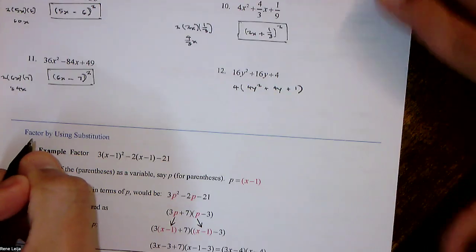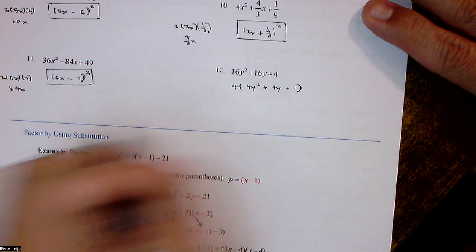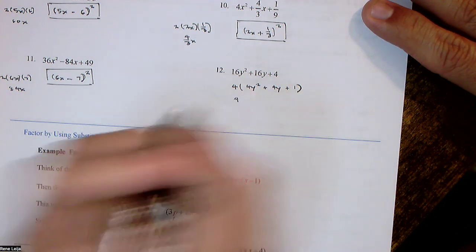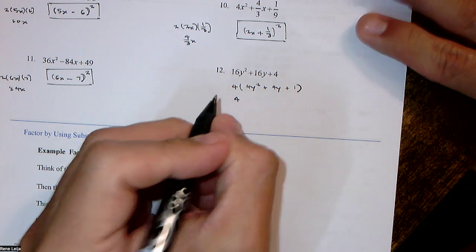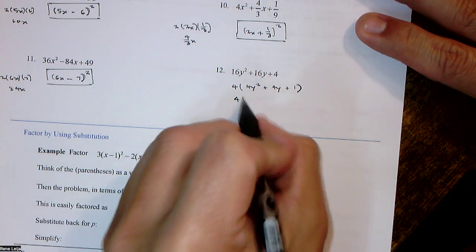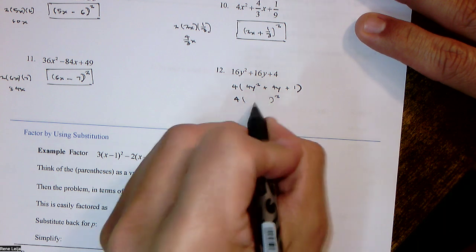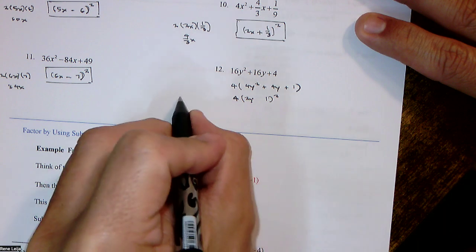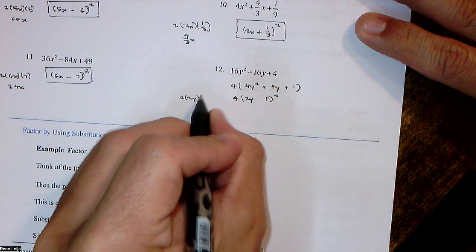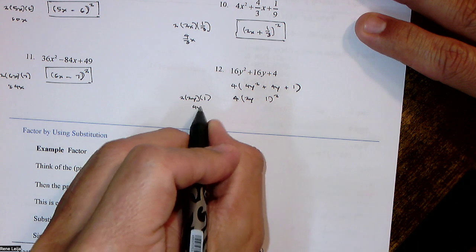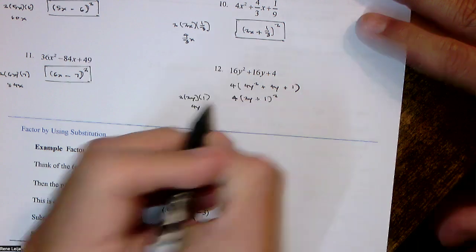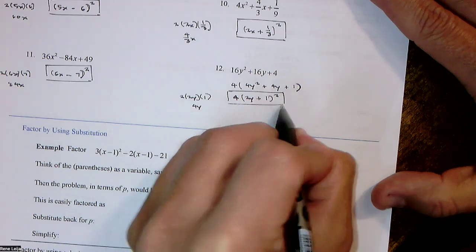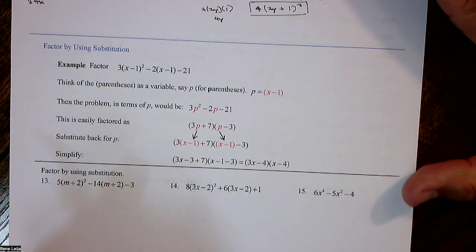Here's your 4. Are your first and last terms perfect squares? They are. What do you square to get a y squared? That's a y. What do you square to get a 1? That's a 1. So now 2 times y times 1, that's a 2y. We got our middle term back, so that's a plus. Now, if you didn't do this, then you would have a GCF still stuck inside, and then you would be in trouble. Okay?